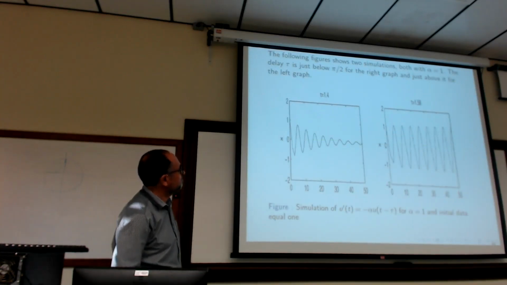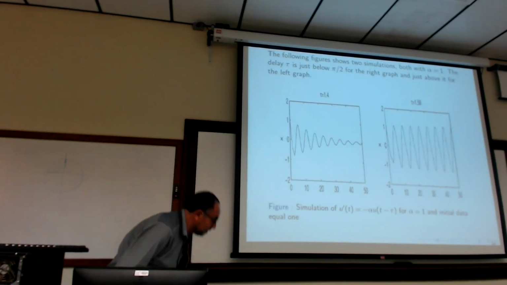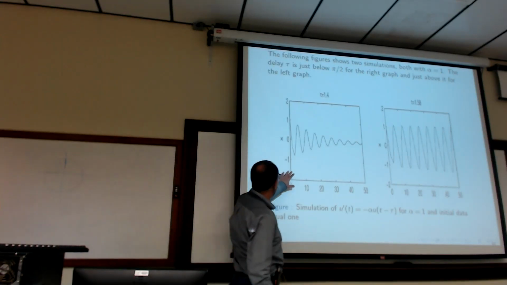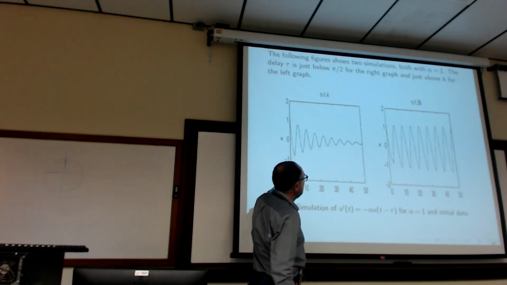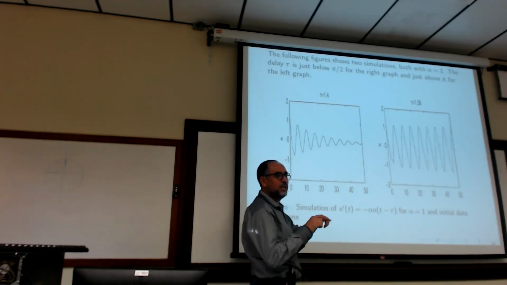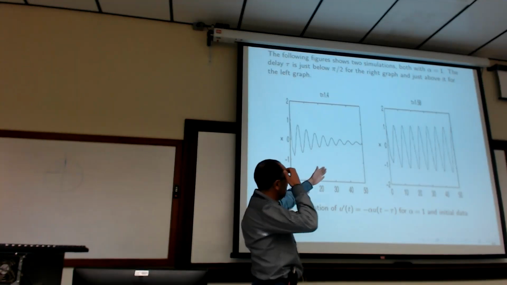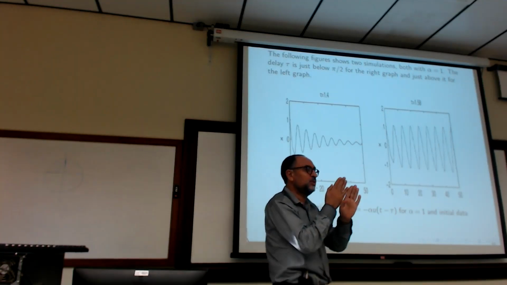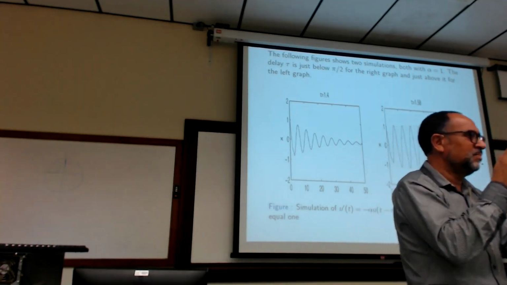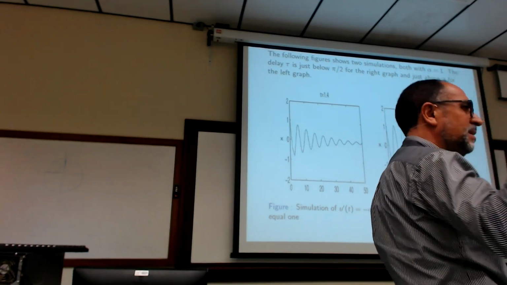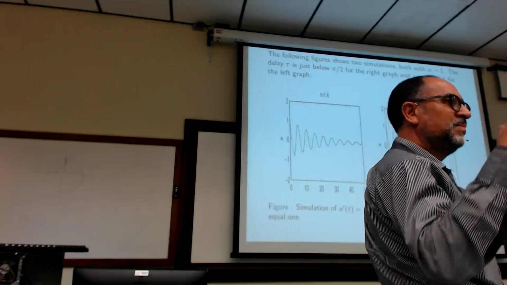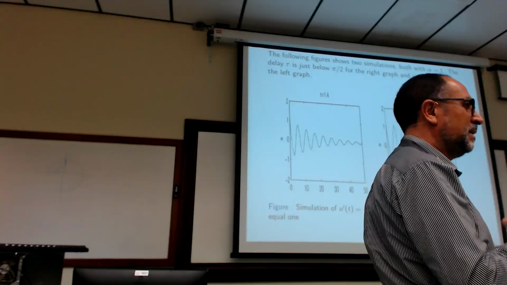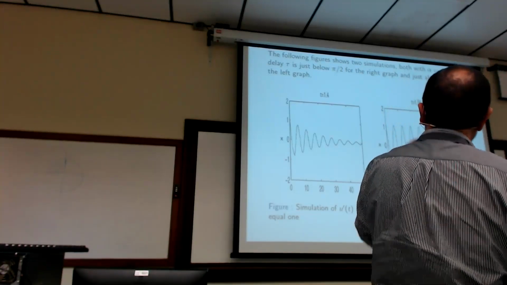These are two simulations to show you what we have in the stability region: stability and also oscillations. Here I took the delay between 1 over e and pi over 2 to have at the same time oscillations and asymptotic stability.